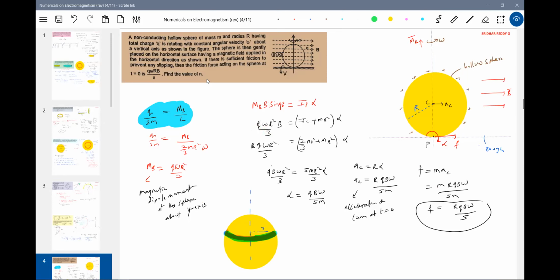Conventional current it is, correct, no? Sir, we can also take the direction of torque about the center, no, sir? Why only about P, sir? No, at that instant it will rotate about P. You look at the question at t equals 0. Got it? It means it will rotate about P, sir. At that instant, yeah. Okay, sir.